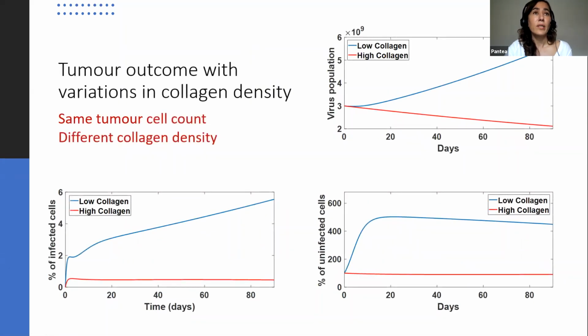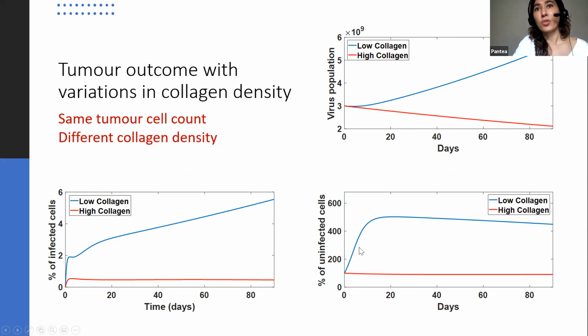However, if we did the same experiment with same size tumor, with the same tumor cell count and different collagen densities, we see slightly different results. So here in this set of experiments, we had the same amount of tumor cells. One has high collagen, one has low collagen. So similar results in virus population and the amount of cells that you're able to infect.